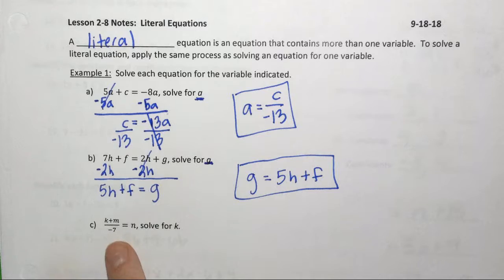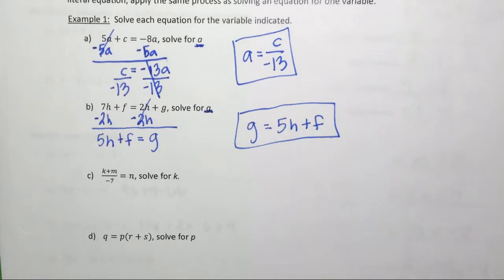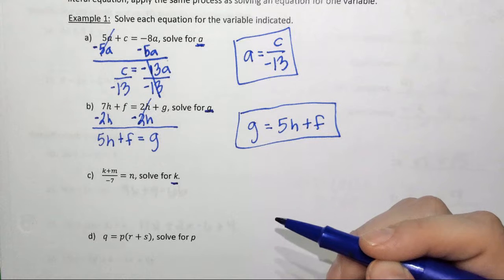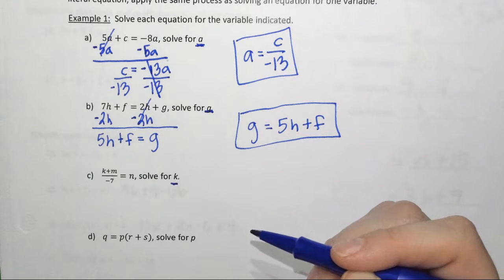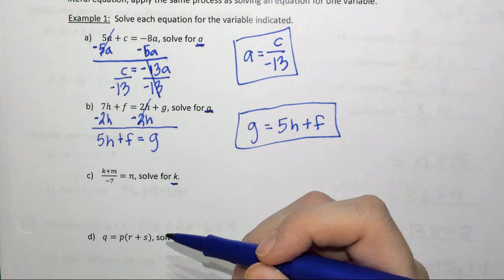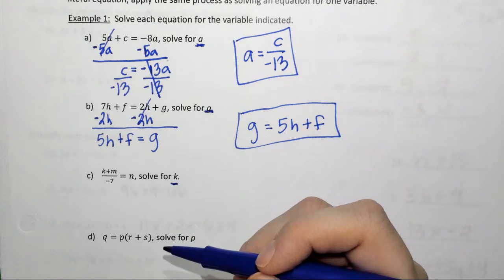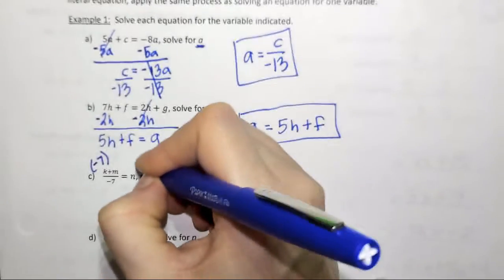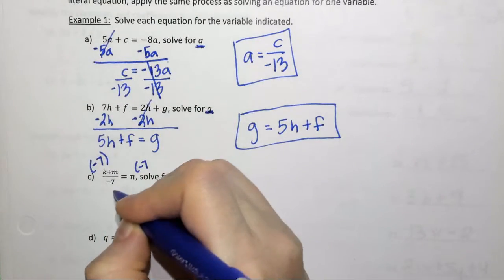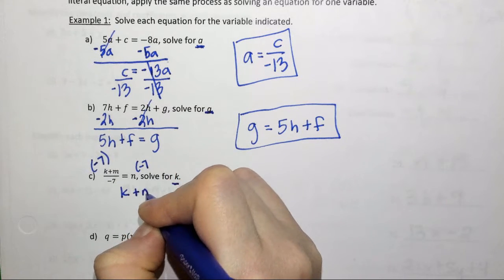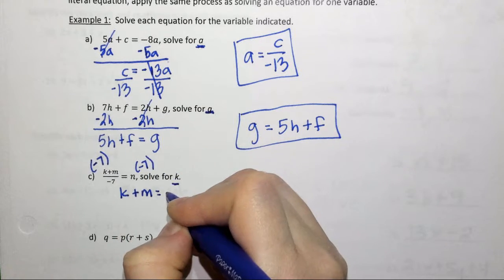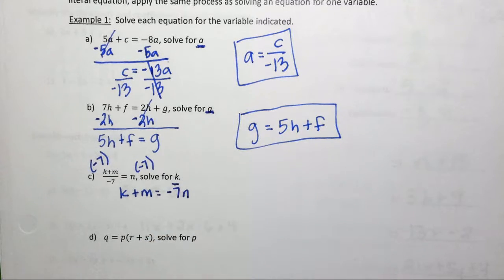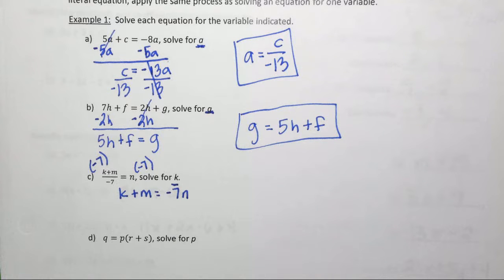Okay, letter C. It says solve for k this time. We've had problems similar to this before. What do I need to do first in this problem? Multiply by what? Good. Okay, multiply both sides by negative 7. So I'll have k plus m is equal to negative 7n. So now the k is not by itself yet.